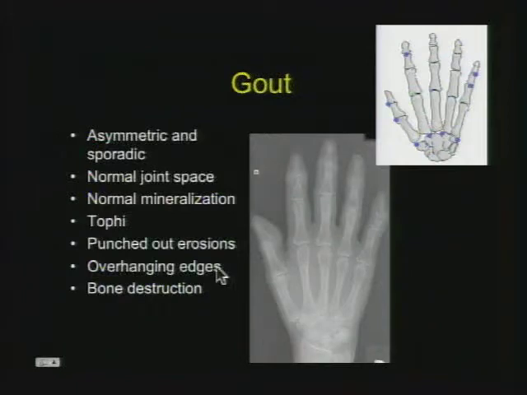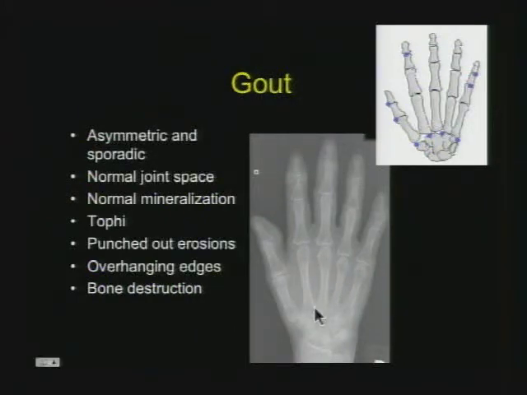Now, what's different about this case? We see that the erosions are not right at the joint. They are very smooth, away from the joint, and they're sporadic, and they're kind of lumpy, bumpy soft tissue masses. So, of course, that's going to be gout. And I won't spend a lot of time on this one because I think most people know about it. We've seen bone destruction. One thing maybe to say is that the carpometacarpal joints are frequently involved, and so are the tarsometatarsal joints.